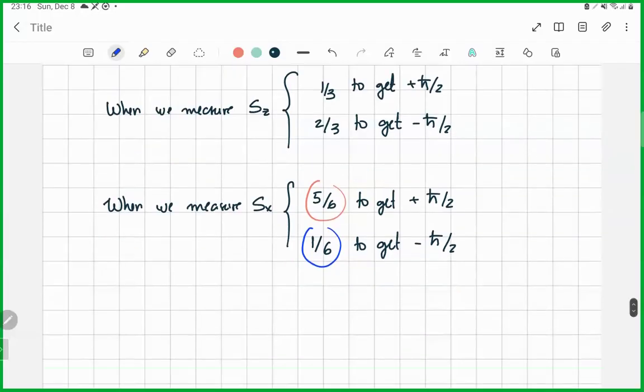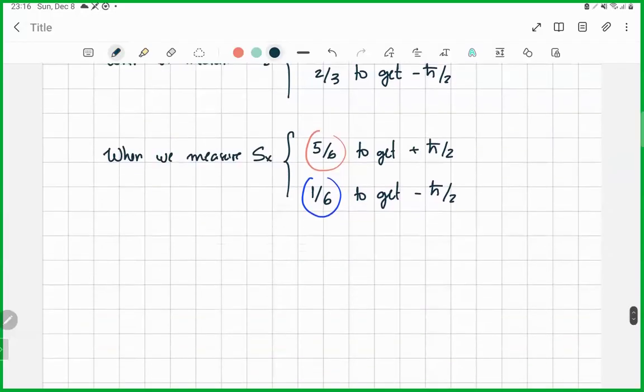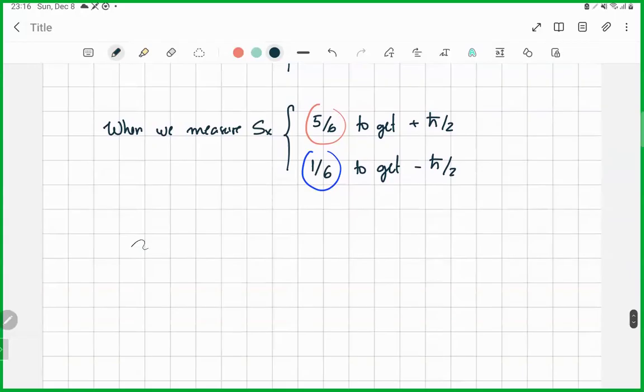So how does it work? Well, let's go back to the equation. We have the vector that was given to us. We are trying to find this coefficient A. We have the eigenvector of Sx, and we have the other eigenvector of Sx.